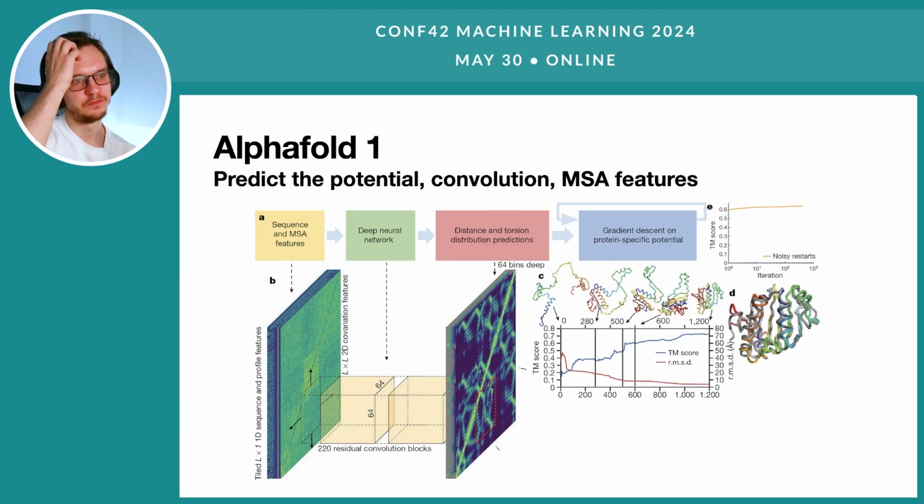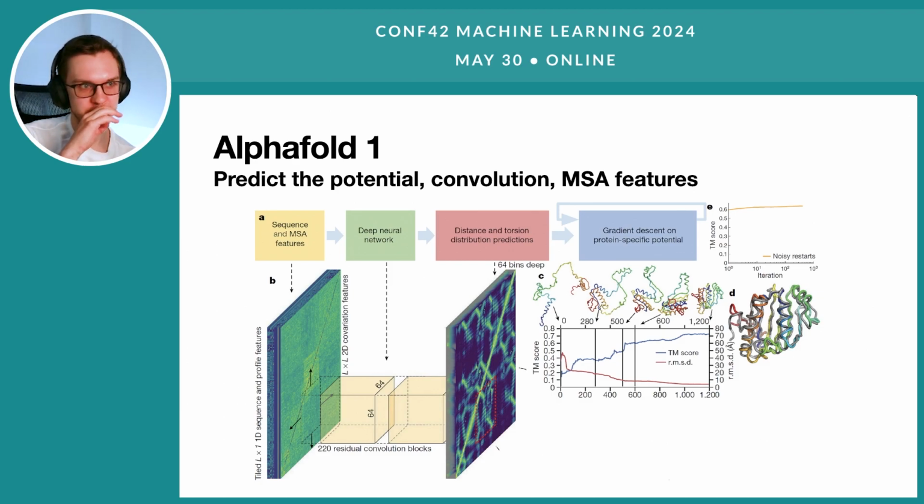To produce this distribution, we can use sequence and MSA features, which we can encode like a picture in a 2D space, and each position will tell us how the amino acids at two different positions i and j interact together.